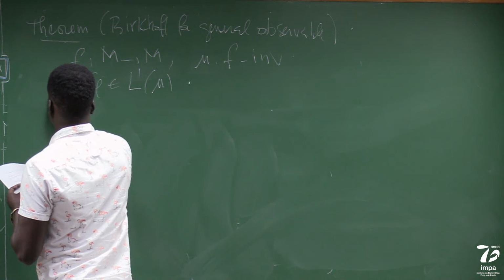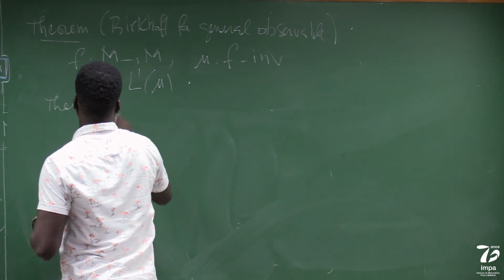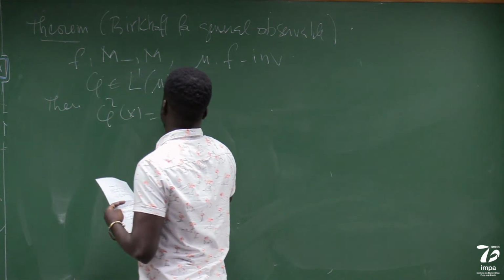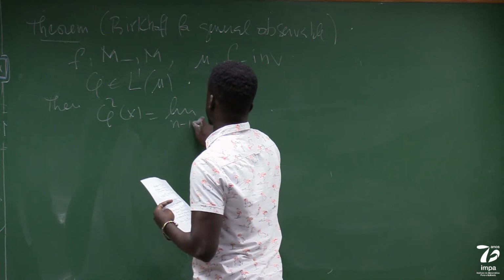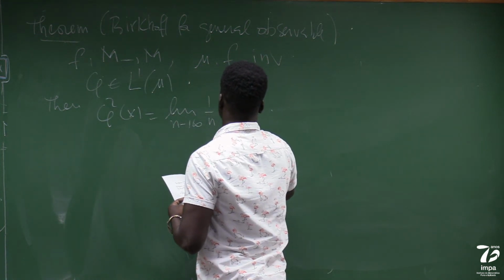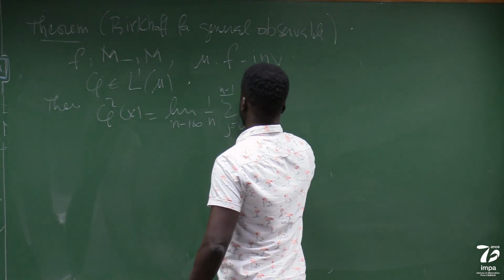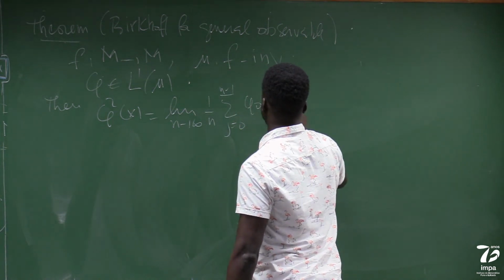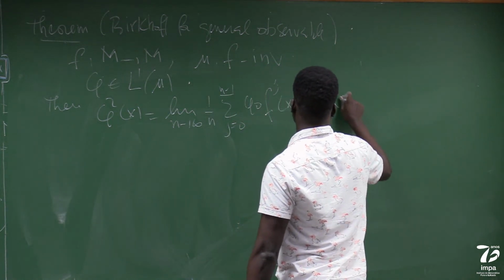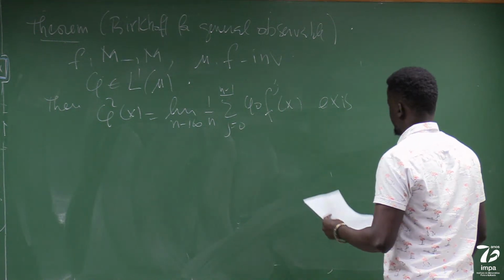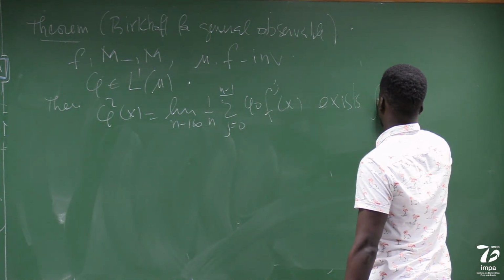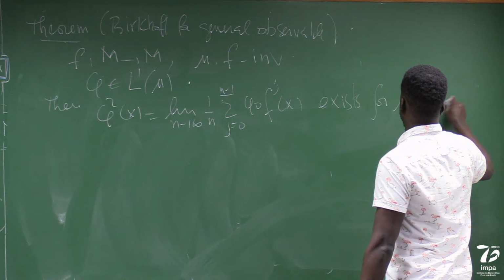Then phi tilde of x, which is the limit when n goes to infinity of 1 over n times the sum for j equals 0 to n minus 1 of phi composed with f^j of x, exists for mu almost every x.